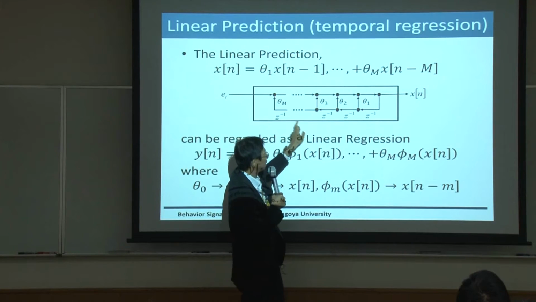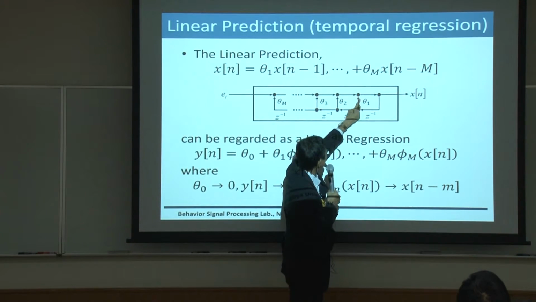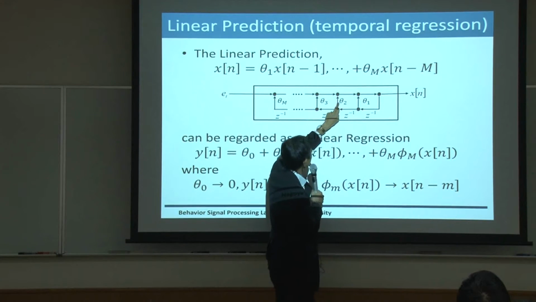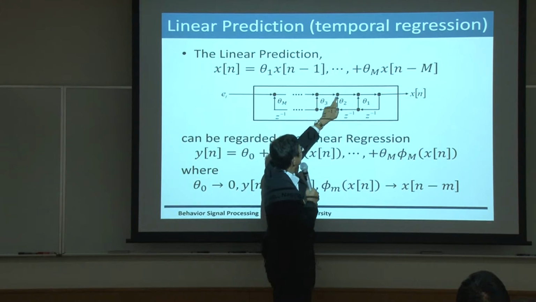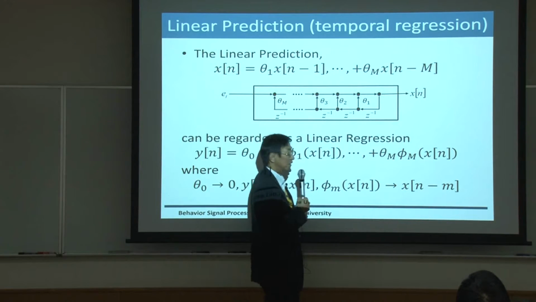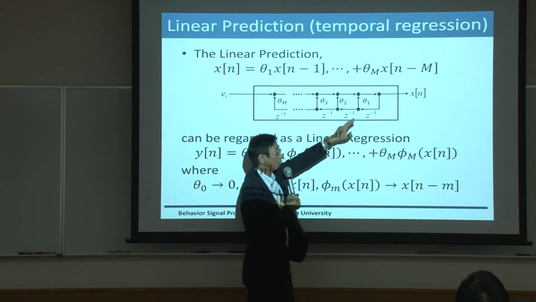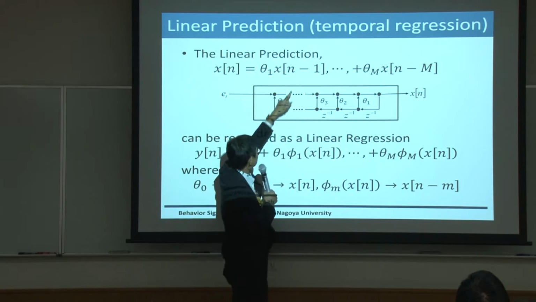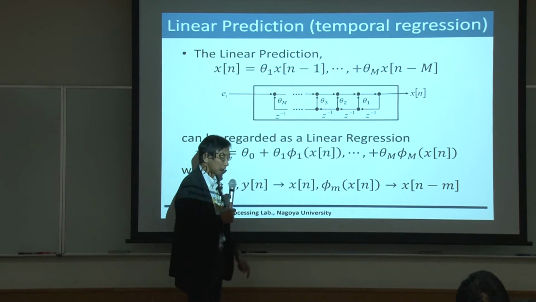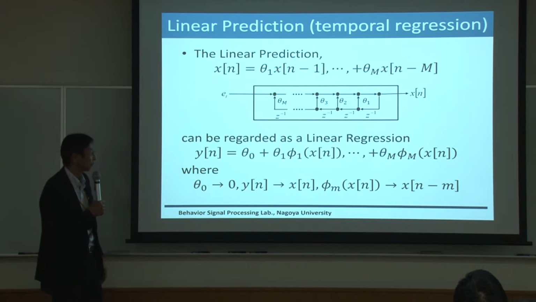We delay it and multiply by theta 1 and feed it again. We delay it by 2 steps, multiply by theta 2, and feed it back, and so on. So this feedback loop of the system can be characterized by the linear prediction form.